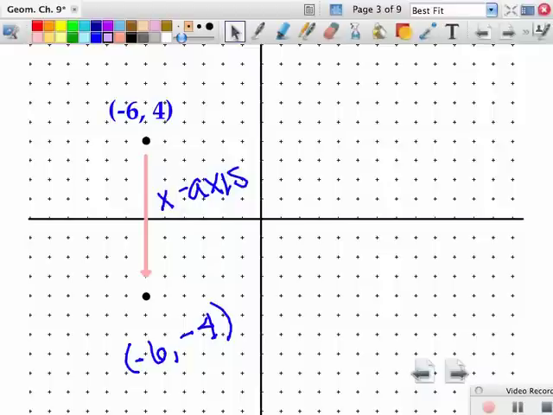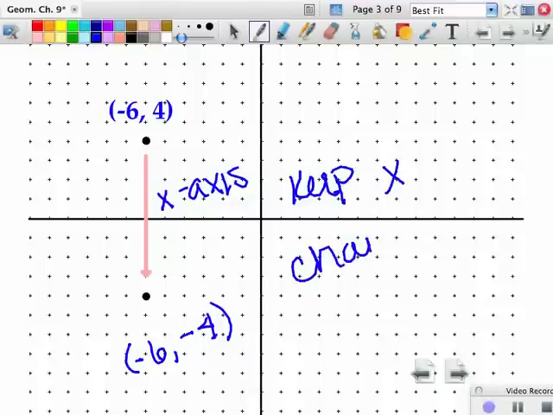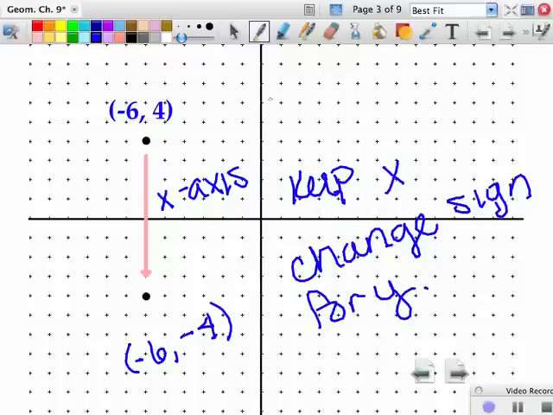It goes up there. Yeah. Sorry. So, what ends up happening? Well, this time, keep x, change sign for y. Okay, so whichever line you're reflecting it over, that is the coordinate that you keep the sign. You don't change it for. Okay, so there's those two.